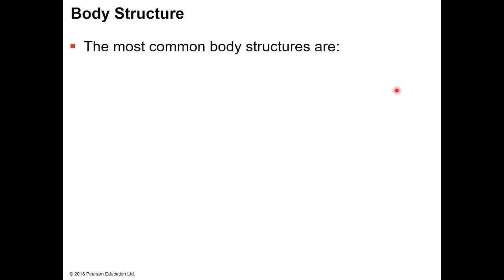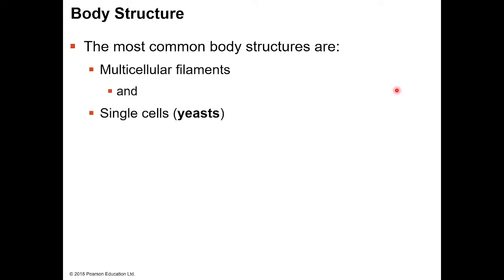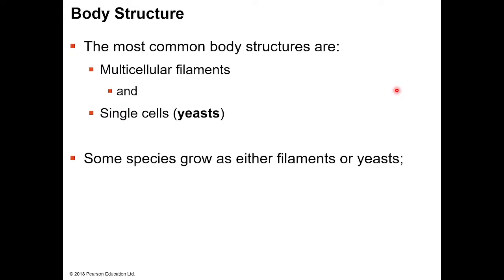When we look at the body structure of fungus, the most common body structures are multicellular filaments and single cells. So we can see both multicellular fungi and single cell fungi. Fungi with single cell or unicellular fungi are called yeast, and some species grow as either filaments or yeast, and others grow both.